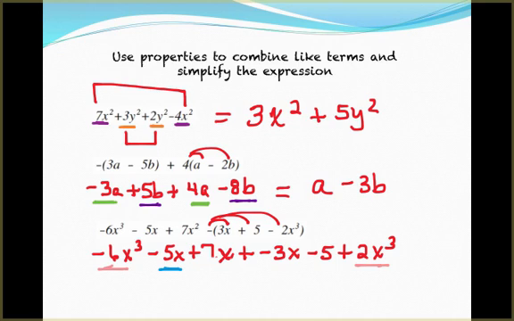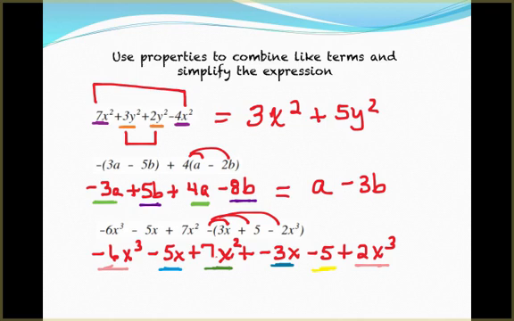So that's 7x squared. So our like terms then would be 5x and negative 3x. Okay, there's no like terms with the x squareds. And then we also have a constant out there by itself. So it has no other like terms with it.